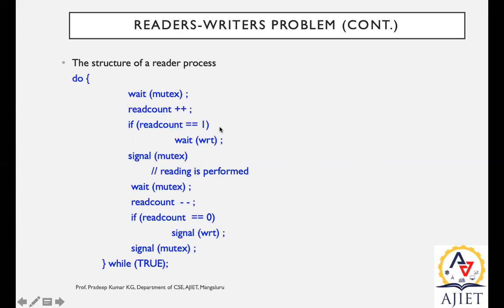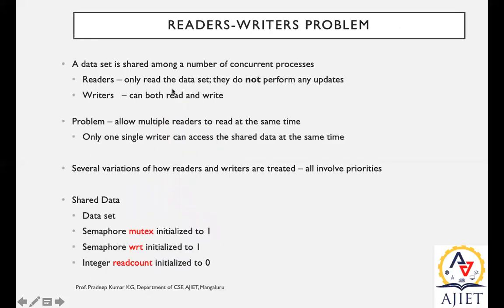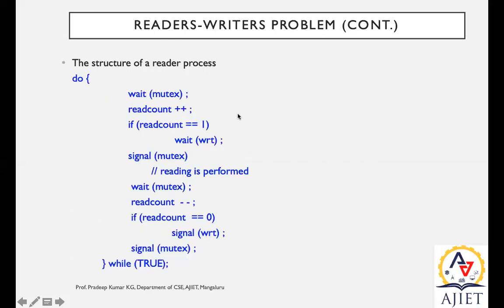Now the reader. As we know, multiple readers are trying to access the data, but we are trying to avoid that. So initially, one particular process may enter, that is wait of mutex. Initially, the mutex value is set to 1. That is what we did here: mutex initialized to 1. Then read count plus plus.